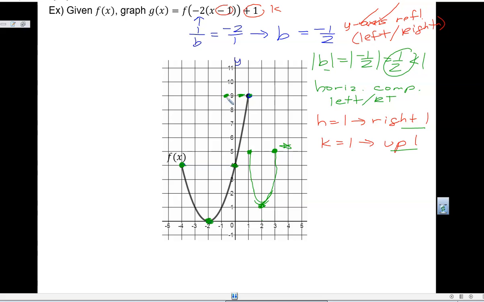So since I'm in the middle, for 1 unit I have to move back to the middle here and then up to the middle there. And then this gets connected to that point right there. And that then gives us our g of x, which is now in green.